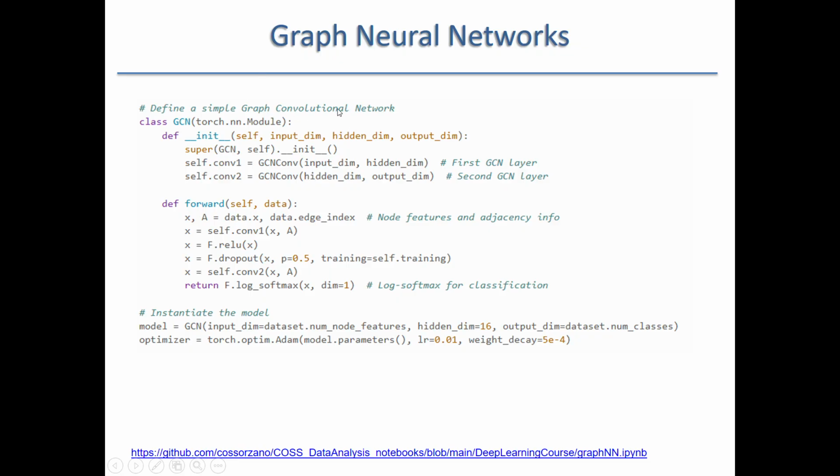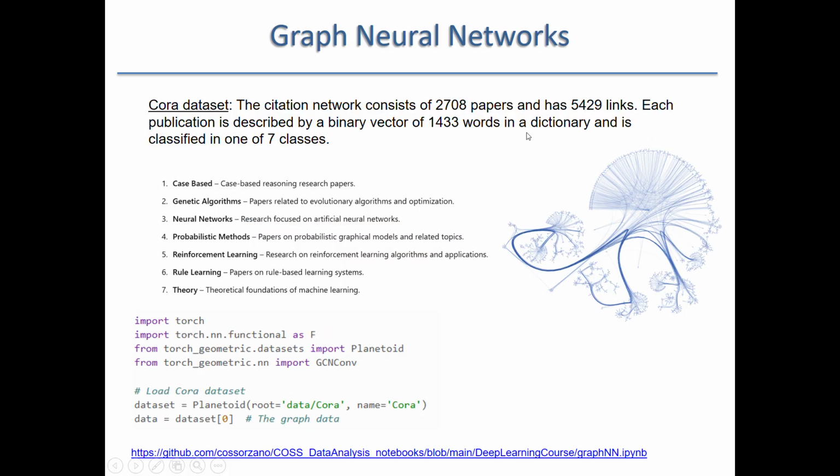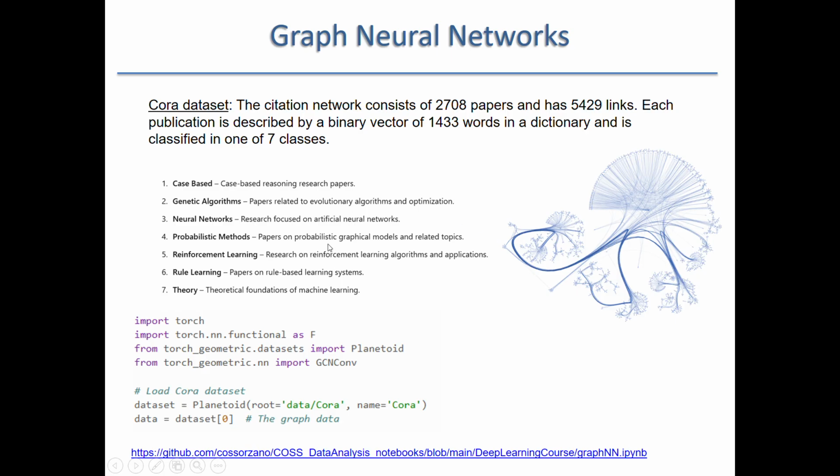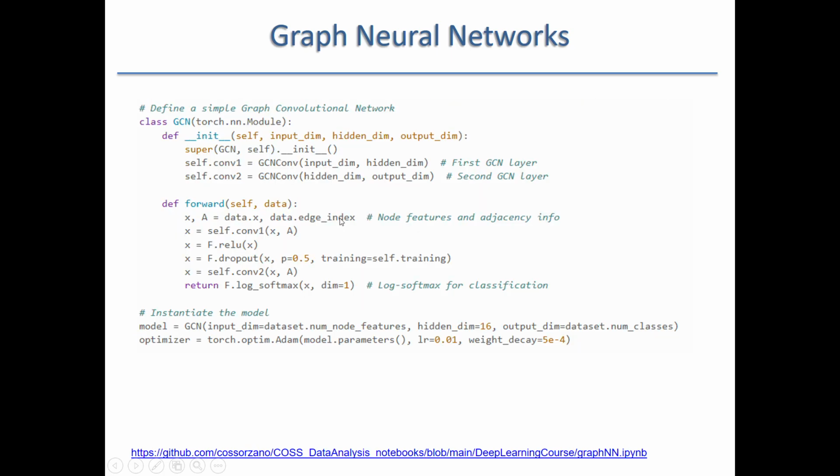So we load the dataset, and then we define the graph convolutional network, which will have 2 convolutional layers. We take the adjacency matrix and the node features. The node features are the description in terms of words, and the adjacency matrix tells which paper is citing which paper.